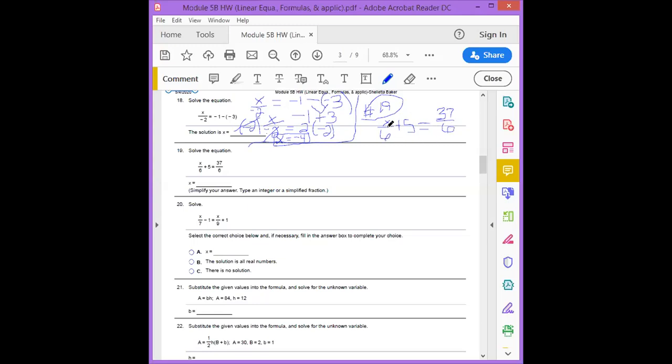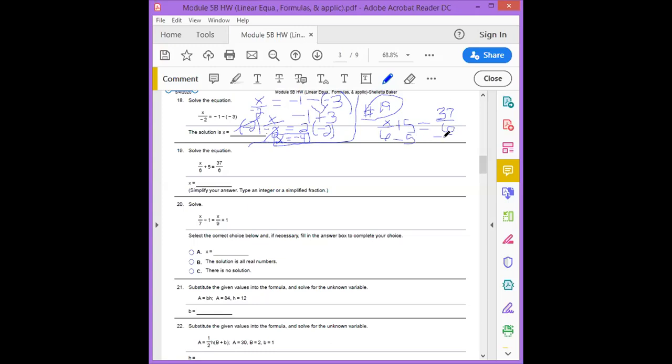All right, so our goal is to get x by itself. We got x over 6 and plus 5 on the left side that we need to get rid of. Start with the number that's not attached to the letter first. So we're performing the opposite operation, and the opposite of adding 5 is to subtract 5 from both sides.